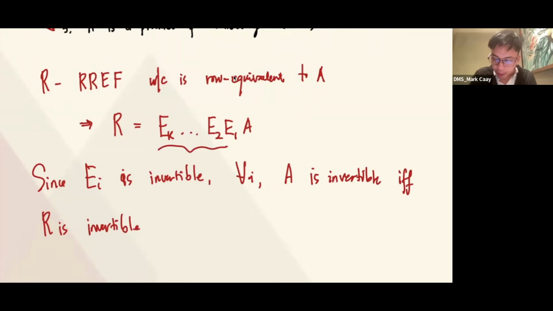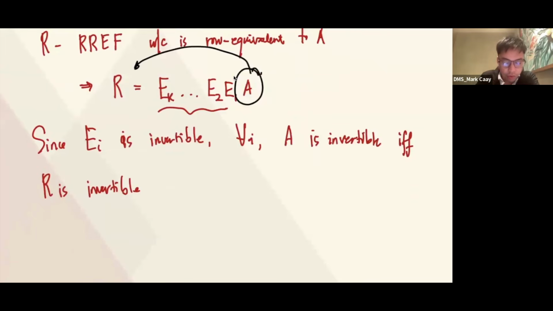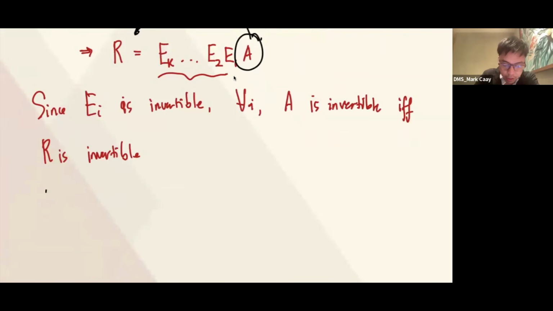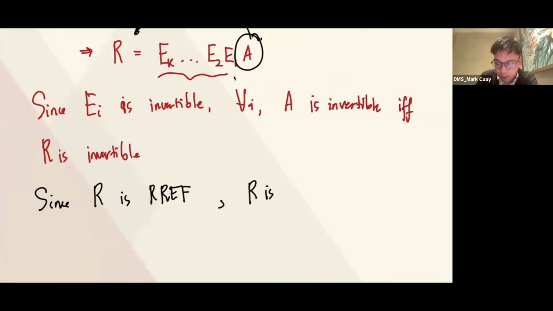So, ibig sabihin, magiging invertible na lang siya na nakadepende siya dyan. But it's not really that depende because it's an if and only if statement, R also depends on A. So, in this case, since R is RREF, tama? So, R is invertible. Dahil naka-RREF siya, so R is invertible if and only if R is equal to I.